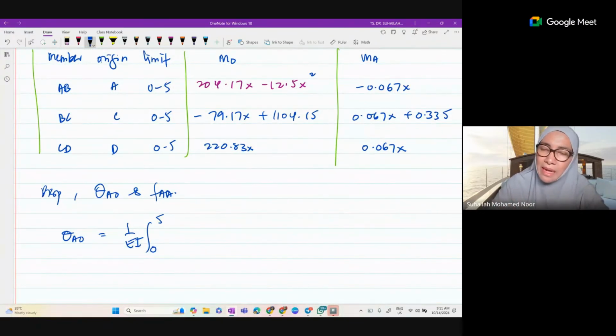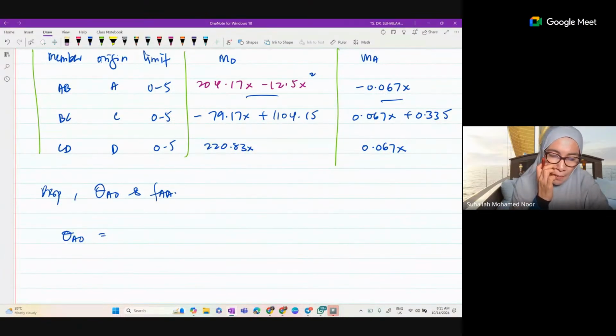Tak payah salin balik daripada table ke formula. Sebab tak perlu pun buat all the steps. Yang important now is please integrate terus 204.17x minus 12.5x square dengan negative 0.067x, and then put the limit 0 to 5, terus bagi jawapan dekat sini. Tak payah rewrite the equation. Kita buat one by one.